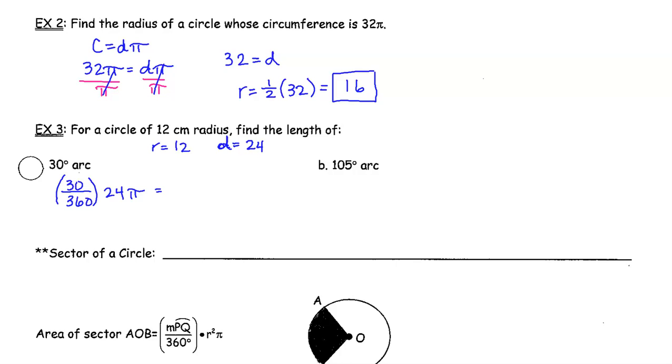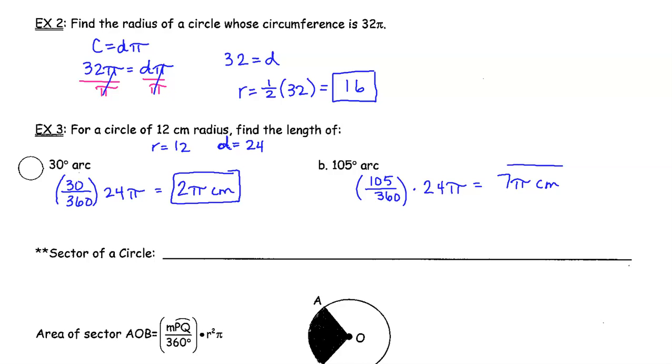So 30 over 360 times 24 pi is going to leave us with just 2 pi centimeters. Okay, 105 over 360 times our 24 pi for B. So multiply that out and we get 7 pi centimeters.